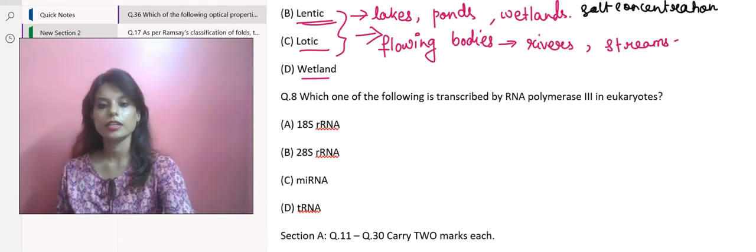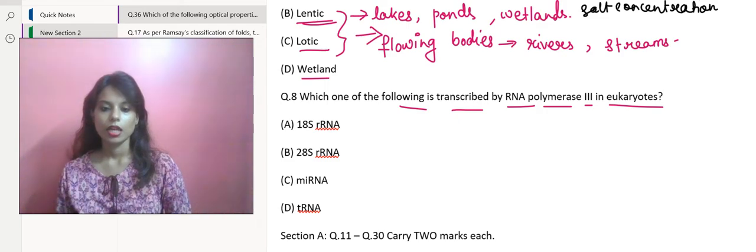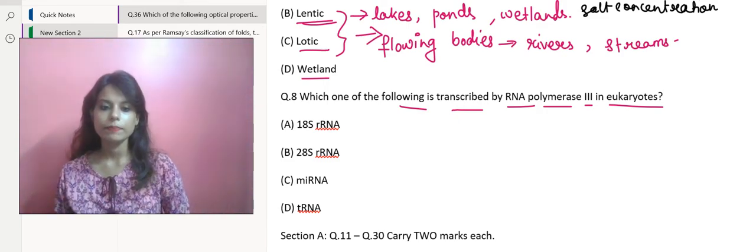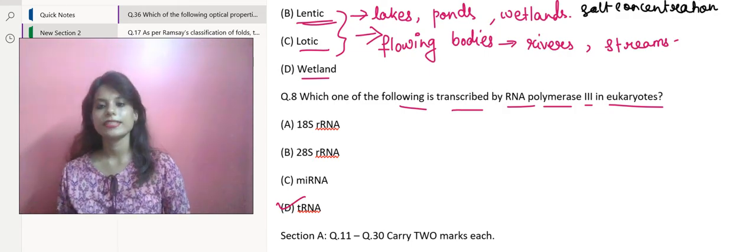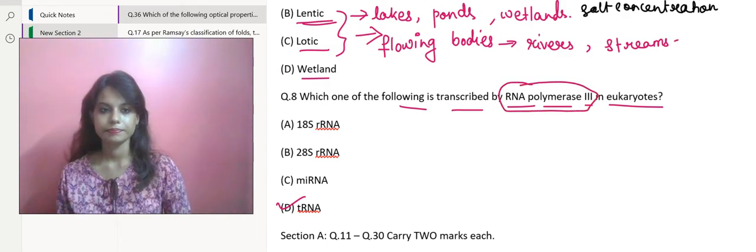That is, which of the following is transcribed by RNA polymerase 3 in eukaryotes? Here, your correct answer would be tRNA, which is transcribed by RNA polymerase 3 in eukaryotes. Now, RNA polymerase 3, let's talk about this one in a little bit detailed manner.